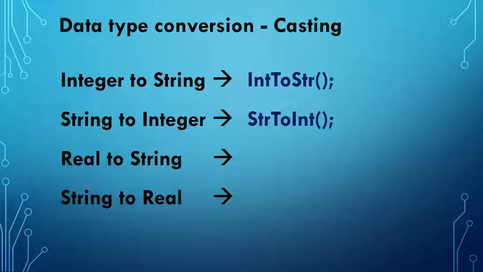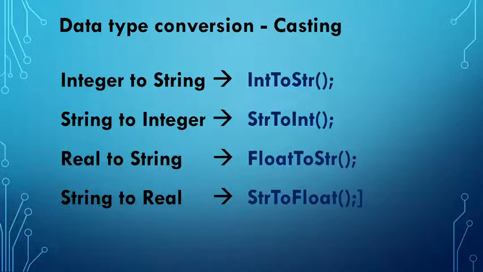Then for real to string, you might think it's real to string and string to real. No, as I said, a real number is also called a floating point number. So our conversion function is called FloatToStr, and you've guessed it correctly, from string to real, it's called StrToFloat.